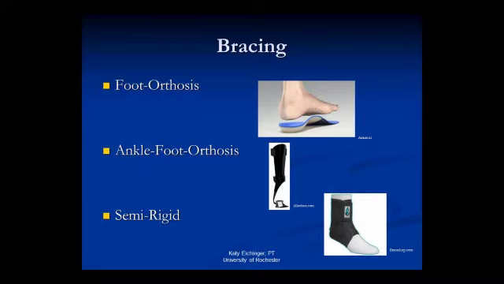So that stabilizing support, either using the ankle foot orthosis or even the semi-rigid bracing, can help in the setting of weak muscles. Bracing may also help with foot drop and improve balance by minimizing foot drop and therefore reducing the risk of tripping over environmental hazards.